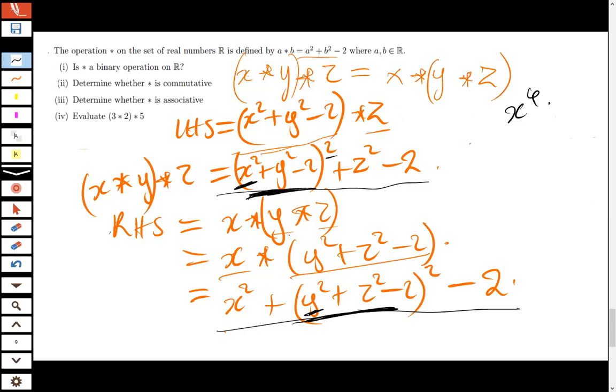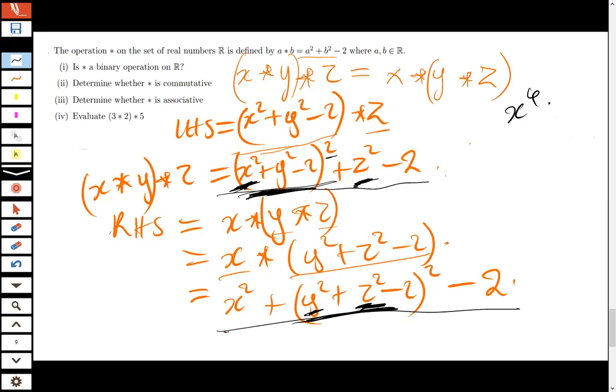But let us look at z. Here we only have z to the power 2. But in this case, when you expand this expression, we're going to have z to the power 4. So this makes these two expressions different. Or if you want, you can talk about x: when this expression is expanded, we're going to have x to the power 4 on the left-hand side.